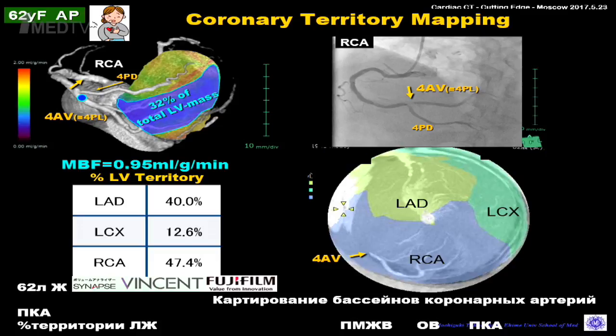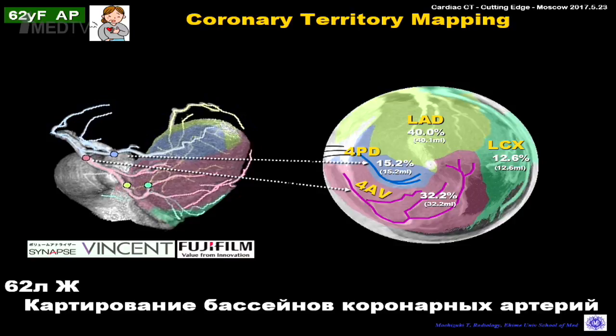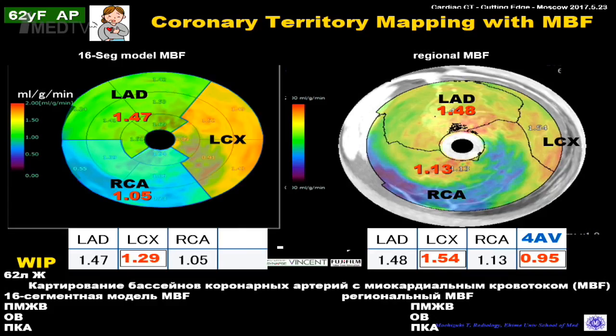This is a culprit lesion, and we can measure the absolute value. This is the coronary territory mapping. The LCX is small, and the 4AV area is large.